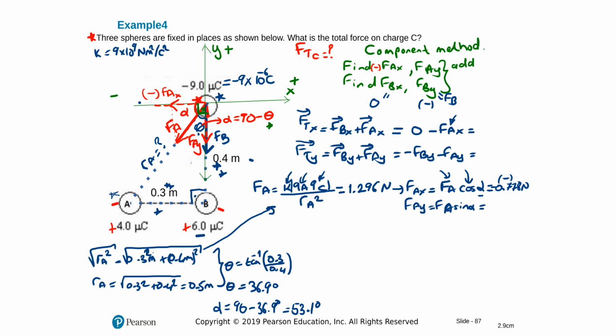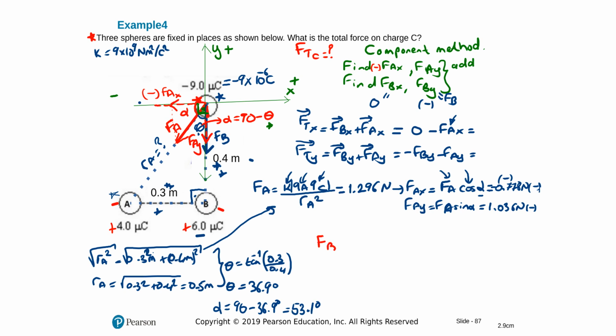Once I do those calculations, I'm going to find FAY to be 1.04, or 1.036 to be more precise, and it's also negative. So these two are negative, down and left. FB is only along y, so once I find FB, I'll have FBY, x is 0, it'll be easier. Let me use another color for FB.